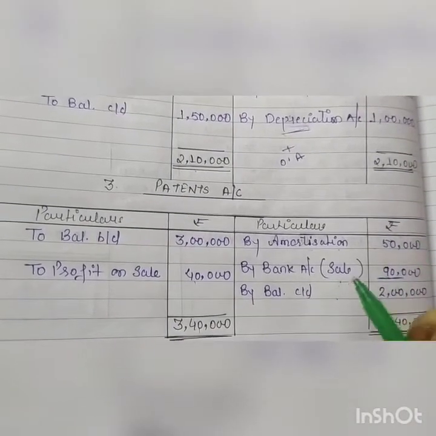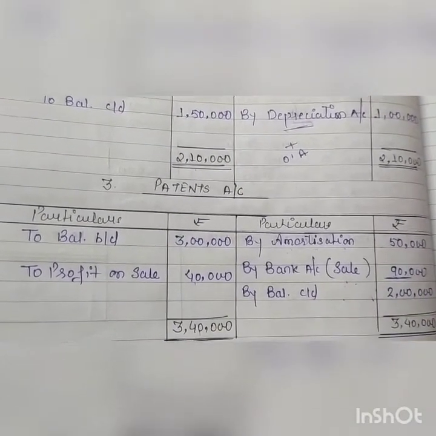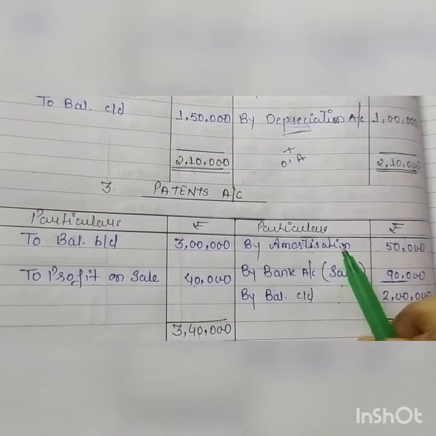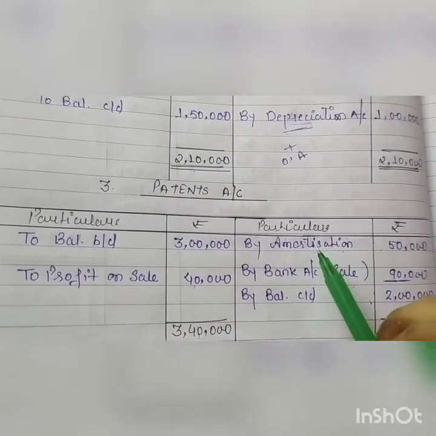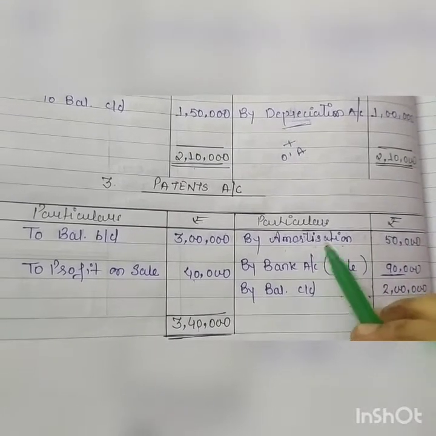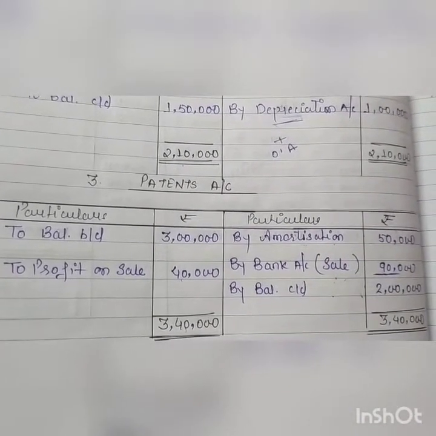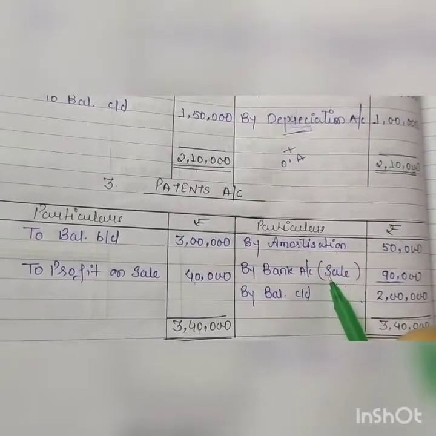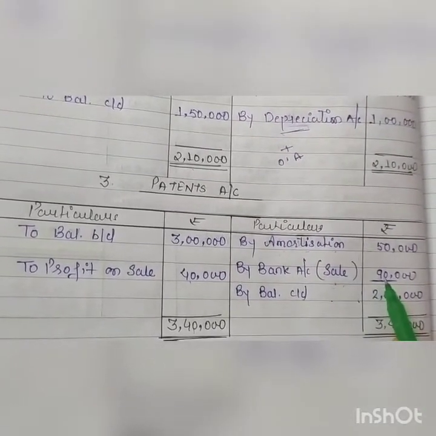And if sale value is given and we do not have depreciation in the question, balancing figure will be called depreciation, or you can say amortization in case of intangible asset. Okay. So here we got sale as balancing figure rupees 90,000.